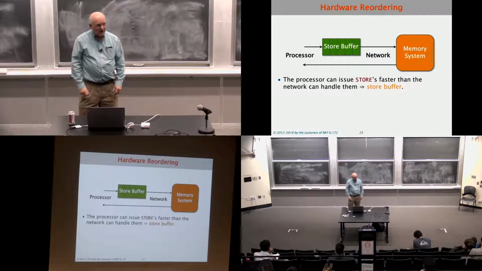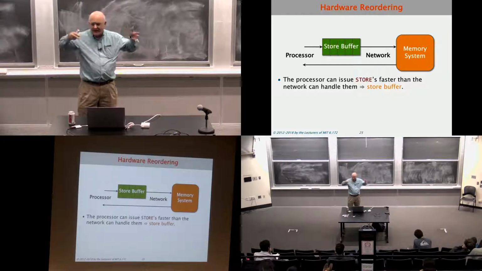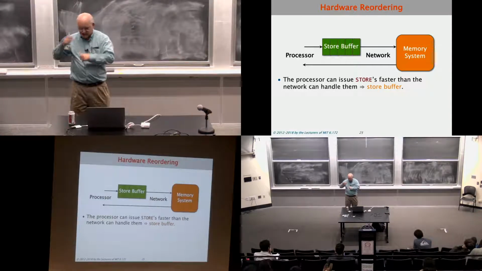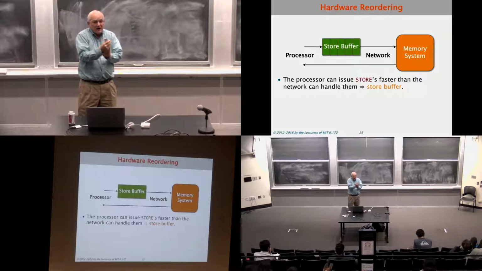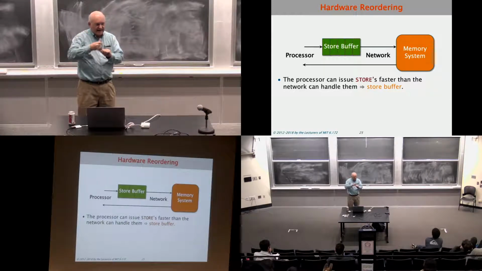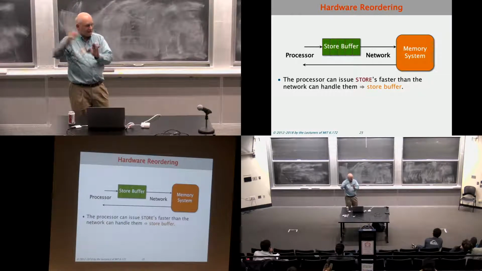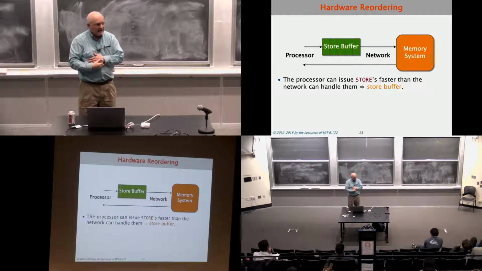But the hardware is usually not doing a store on every cycle. It's doing some other things, so there are bubbles in that instruction stream. And so it says, well, I'm going to let you issue it because I don't want to hold you up. Rather than being held up, let's just put them into a buffer. As long as there's room in the buffer, I can issue them as fast as I need to, and then the memory system can suck them out of the buffer as it goes along.